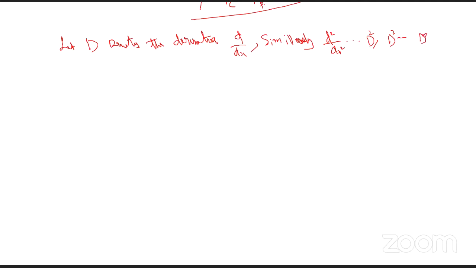Here the index in D power n indicates that the operation of differentiation must be carried out n times.